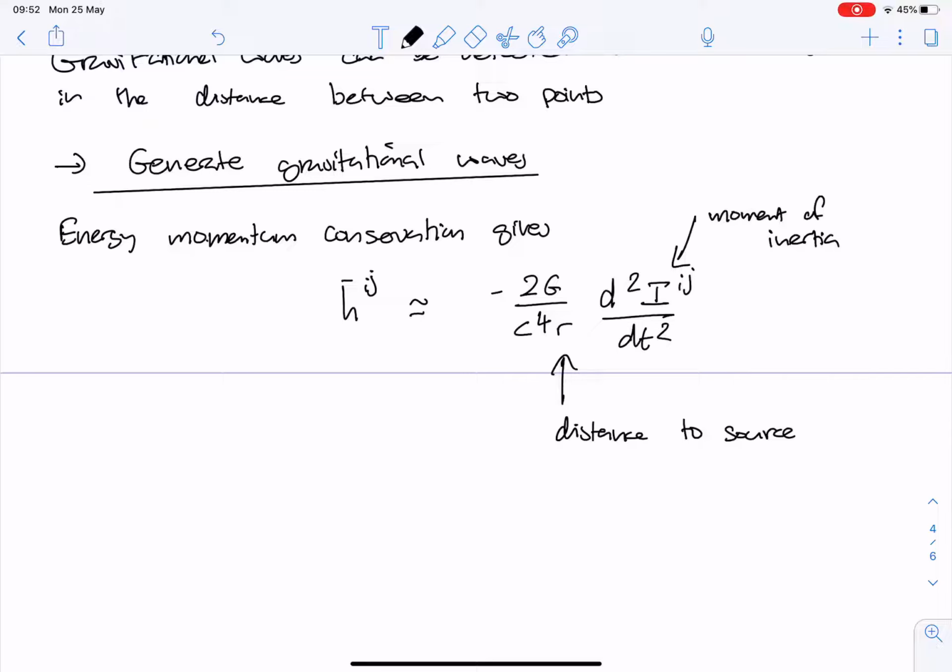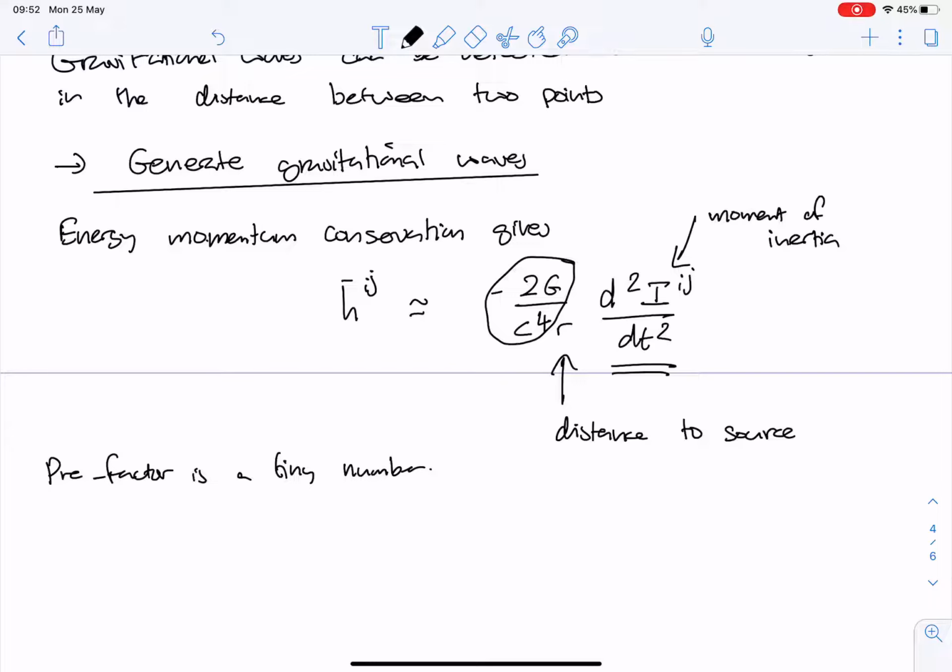So notice, importantly here, this prefactor is a tiny number. And then, of course, the distance is an astronomical distance, so the distance is a large number. That makes it even smaller still. And then, basically, this is the second derivative of the moment of inertia.